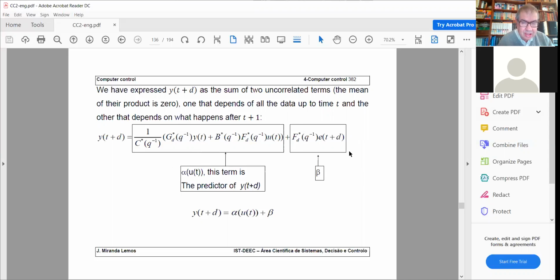And this second term, beta, depends on variables that appear only from t plus 1 up to t plus D, so in the future. So my Y of t plus D can be written in this form, and I know that alpha and beta are independent because this is the past and this is the future.